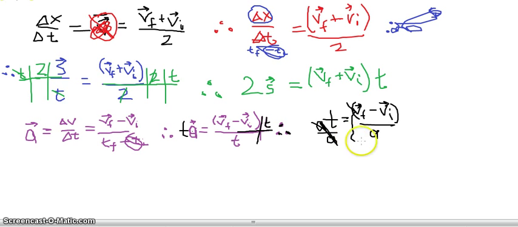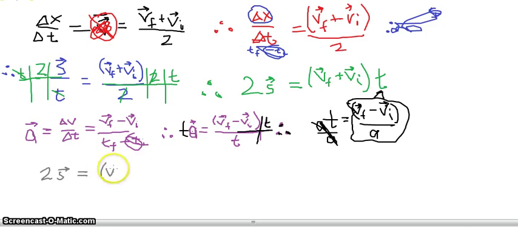Okay, so you have this. So look, this is just time right in here. I'm just going to plug this in right up here for this time. So that's going to give you, do this in gray, 2 times displacement equal to velocity final plus velocity initial.